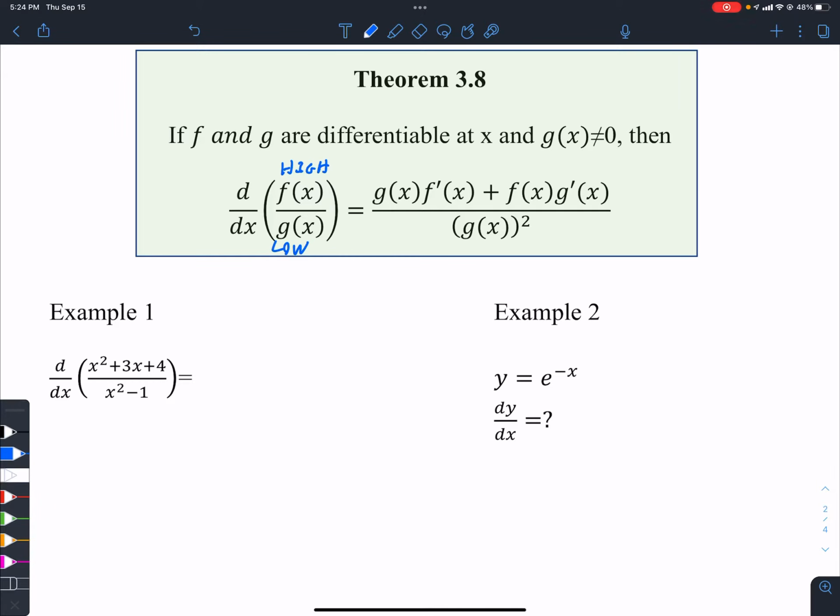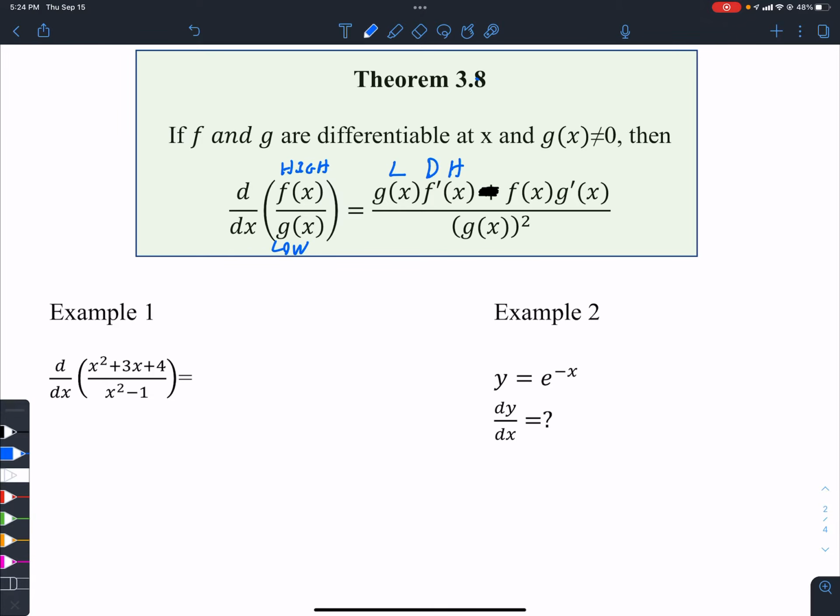So here's how it's going to be. Low, because g is the low one, right? F prime is the derivative of the high, so I call it low d high. I have a mistake in here. Oh no, that's a minus. That's a minus. Whoopsie, whoopsie.